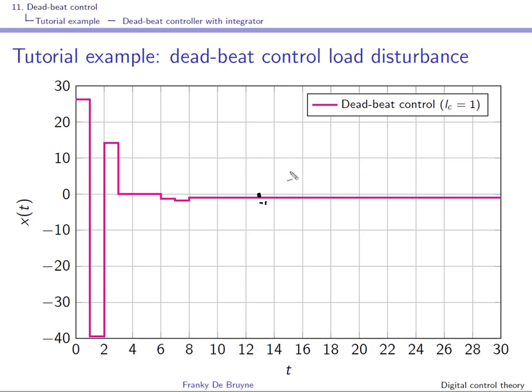The output of the controller plus the load disturbance must go to 0, and this is indeed the case. Notice also this very nervous control, and this is the signature of deadbeat control. You have this kind of bang-bang control that is rather nervous.